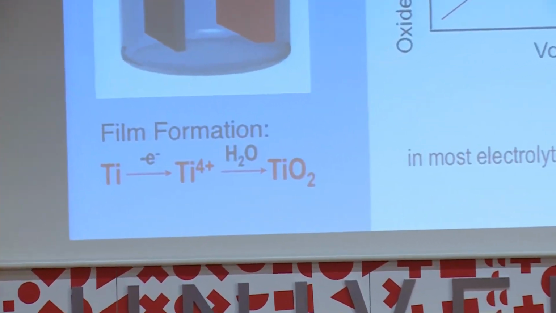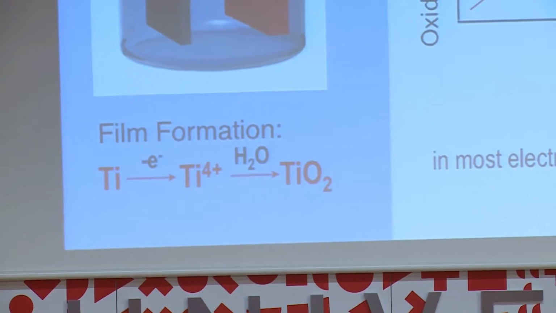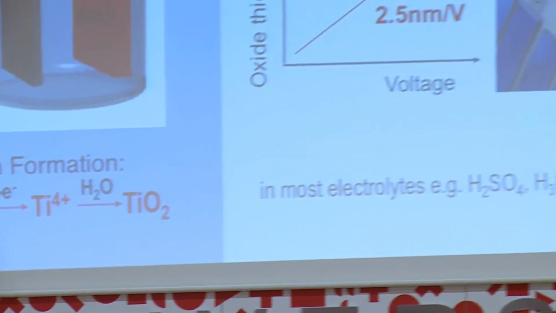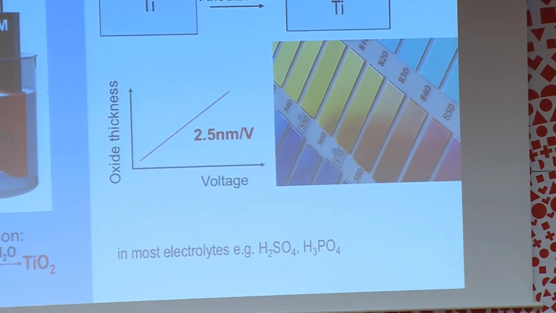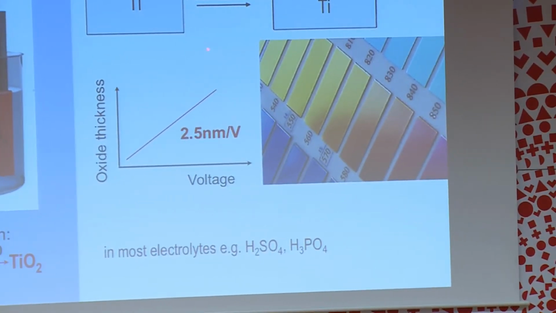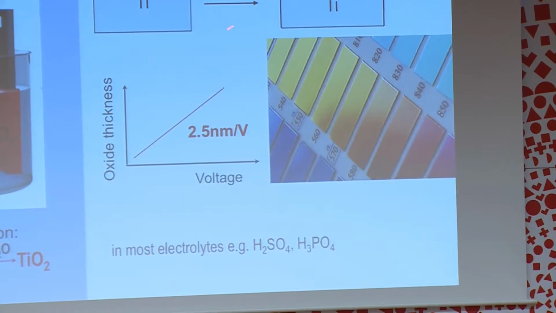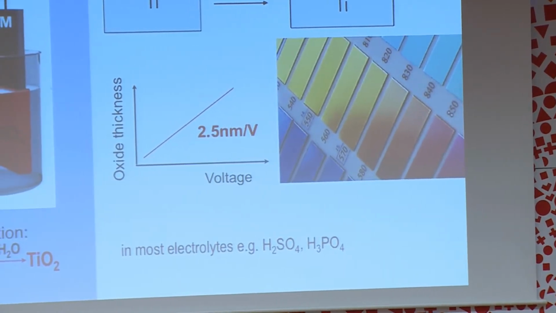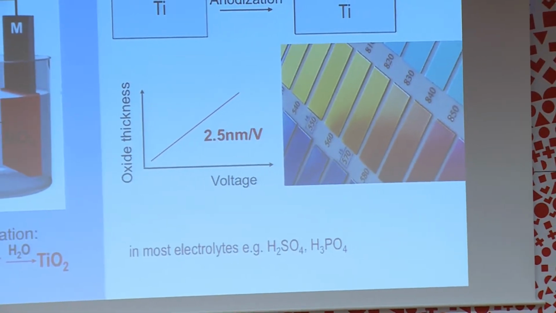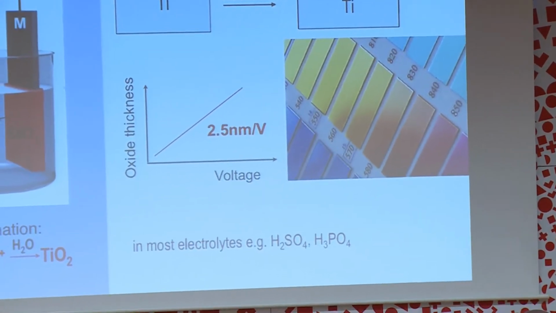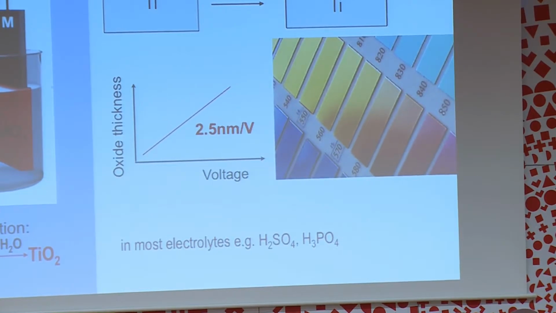If this metal is one of these valve metals, then you can form the oxide, and the oxide thickness you can adjust by the voltage that you use. The higher the voltage, the thicker the oxide layer, and you can, for example, produce these beautiful interference patterns on surfaces. You make a thicker oxide, and because of interference of light, it looks like very different colors.